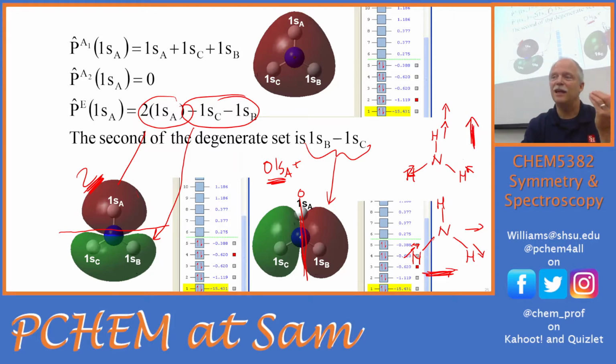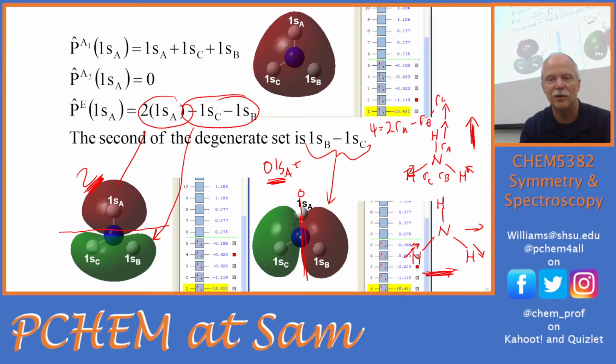The math is the same whether you're using arrows or atomic orbitals. And you get the same results here. So if we label this RA, RB, and RC, then this wave function is equal to 2RA minus RB minus RC.